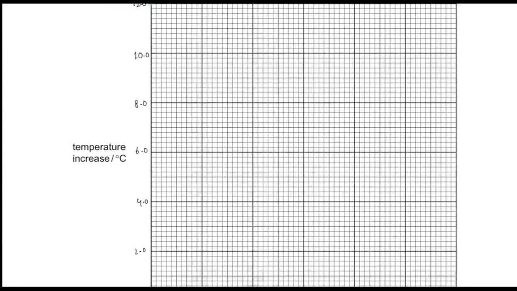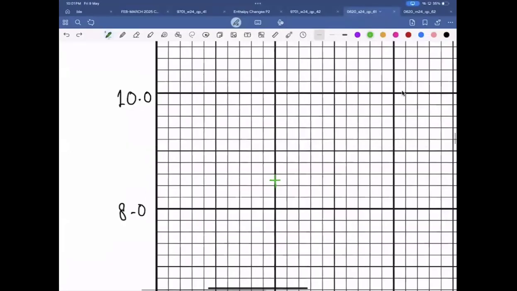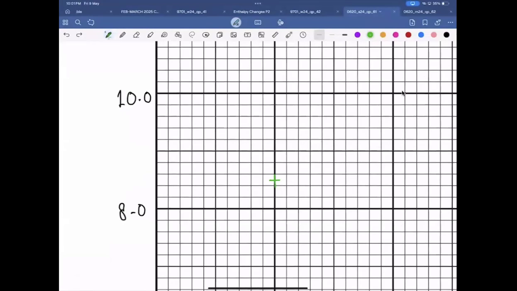One minute, please, everyone. Now you can see the 8.5 is a 2.5 box because 5 boxes are 1 unit.